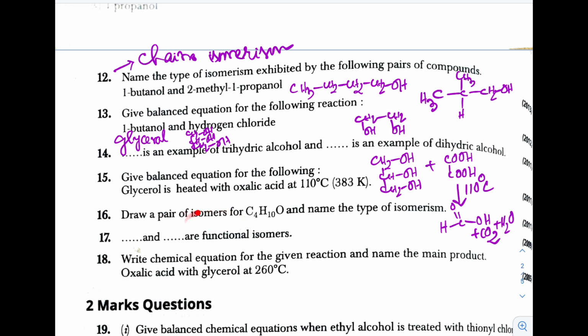Next, draw a pair of isomers for C4H10O and name the type of isomerism.